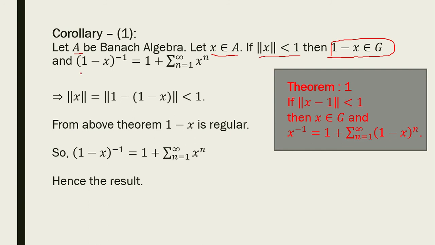Let norm x be equal to 1 minus (1 minus x). This is of the form norm (1 minus x), but x is equal to 1 minus x. Norm x is less than 1, given.